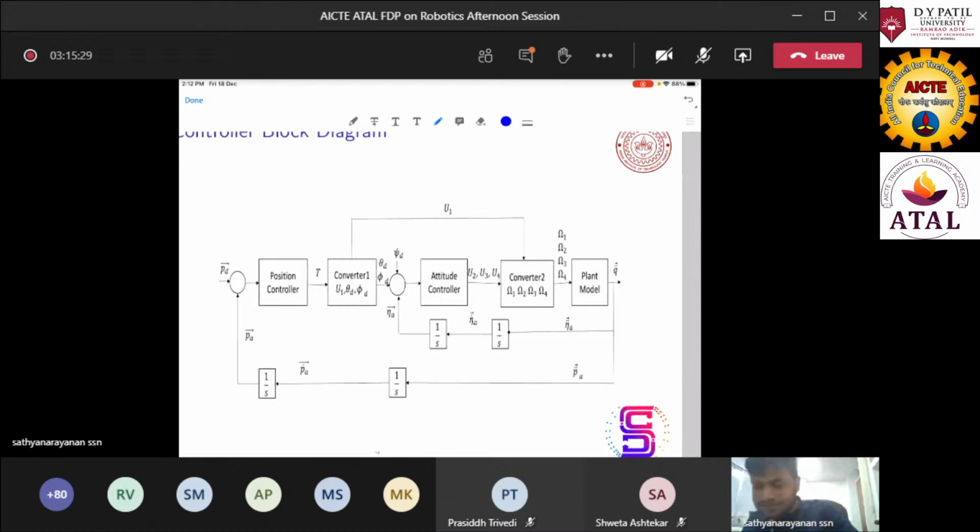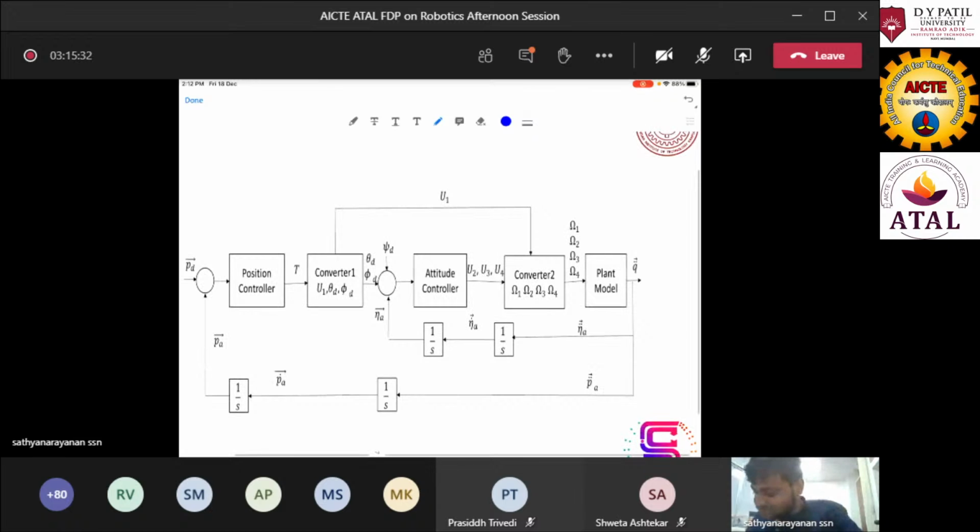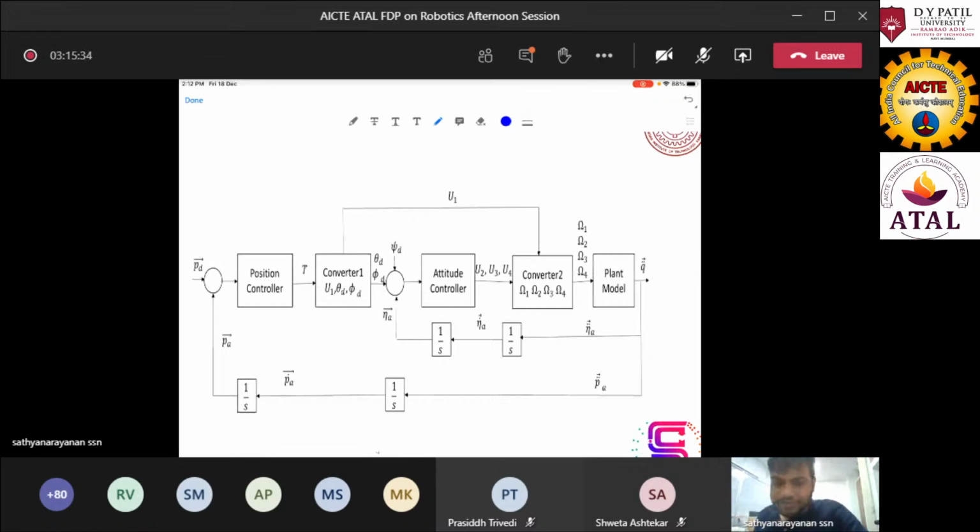And so now we will go into the controller architecture. As I said, for the position control, you can use any PID control or any nonlinear control you want. From the error dynamics, the position error, that is x minus xd, y minus yd, and z minus zd, you will use some kind of controller, either a PID controller or a sliding mode controller or any nonlinear control.